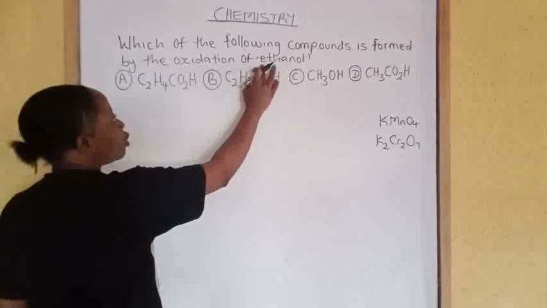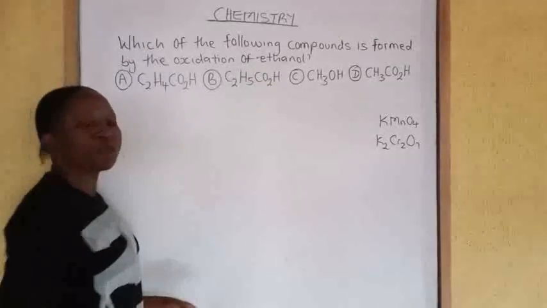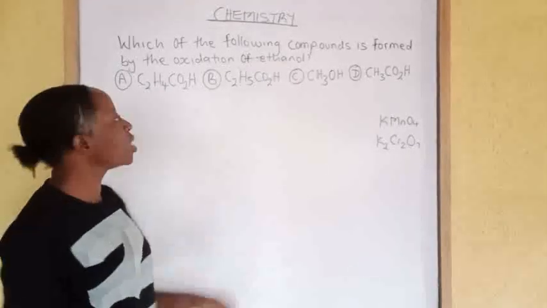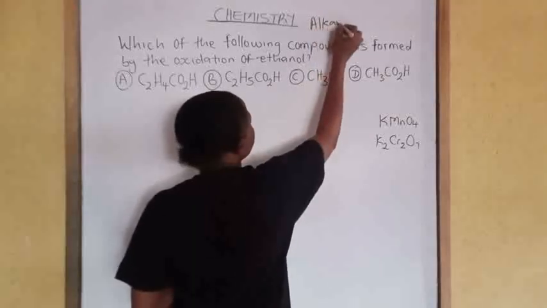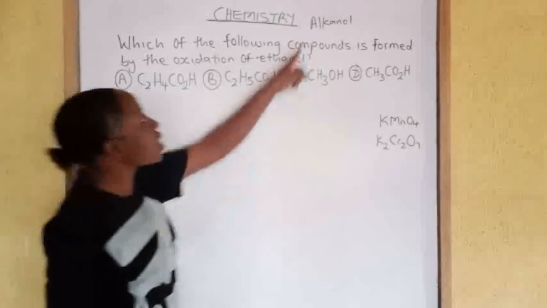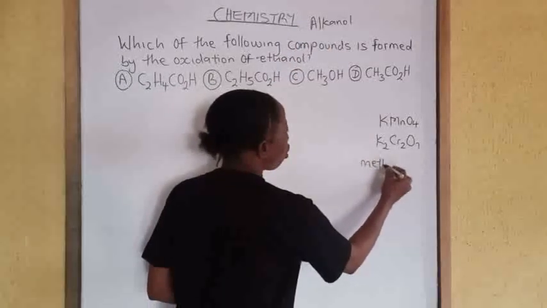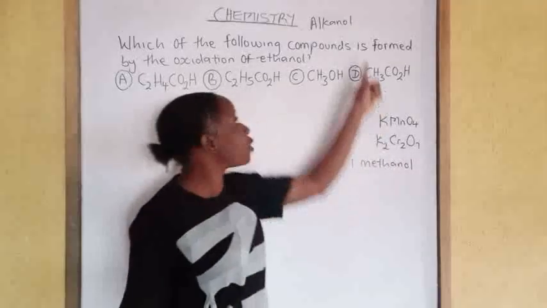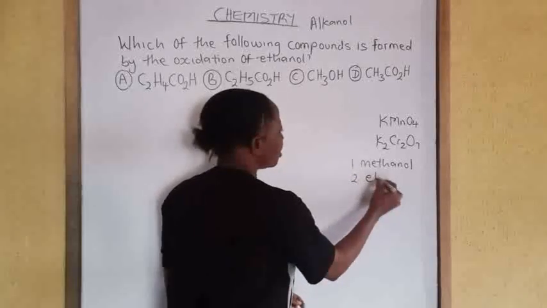So the first step that you need to take is to write the molecular formula of ethanol. Ethanol is a member of alkanol. The first member of alkanol is called methanol, while the second member is ethanol.